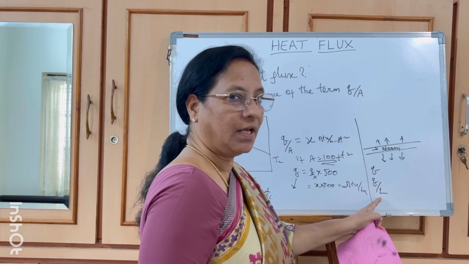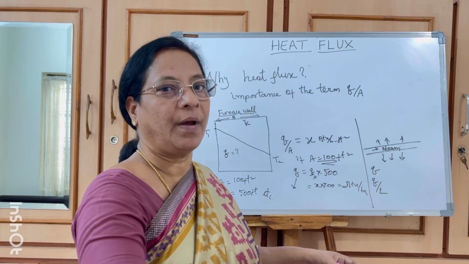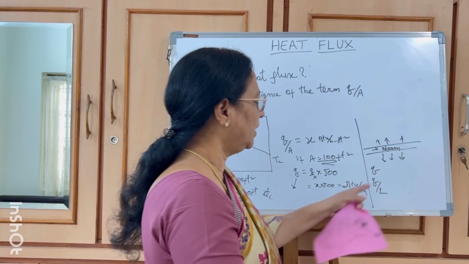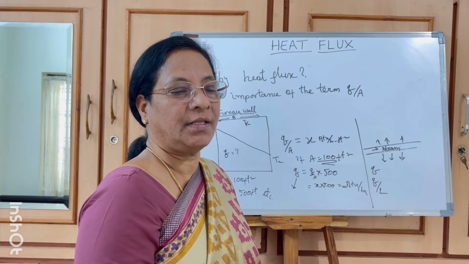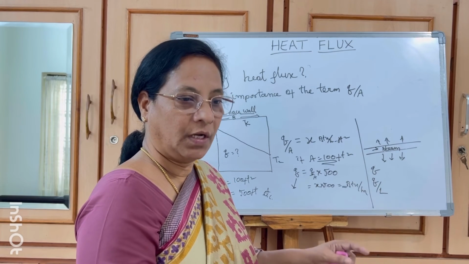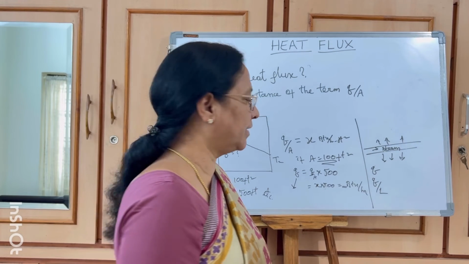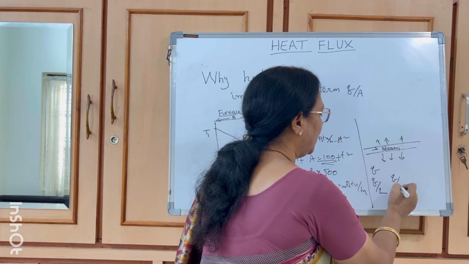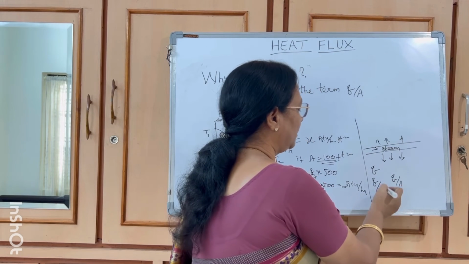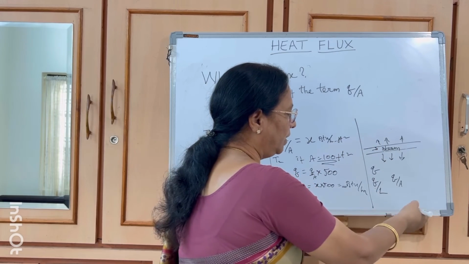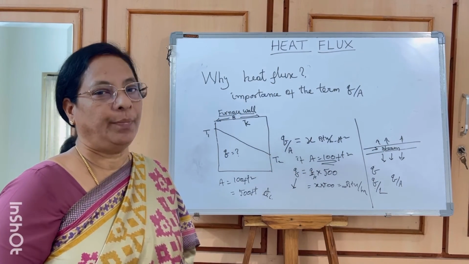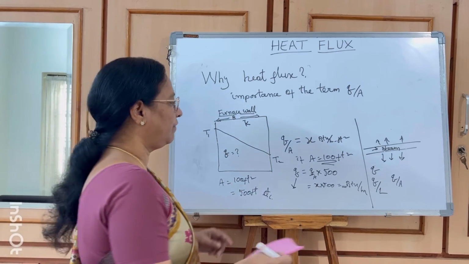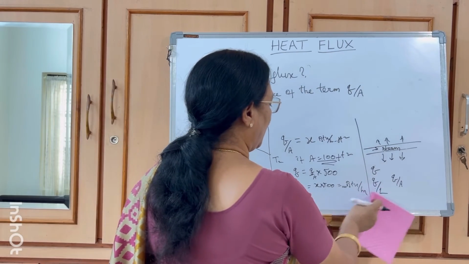Then if the length of the pipe is 100 meters, you multiply by 100 to get Q. In some industries they may be using 500 meters. So per meter or per area, whichever it is, is a convenient term depending upon the application. Therefore, heat flux is a very important term.